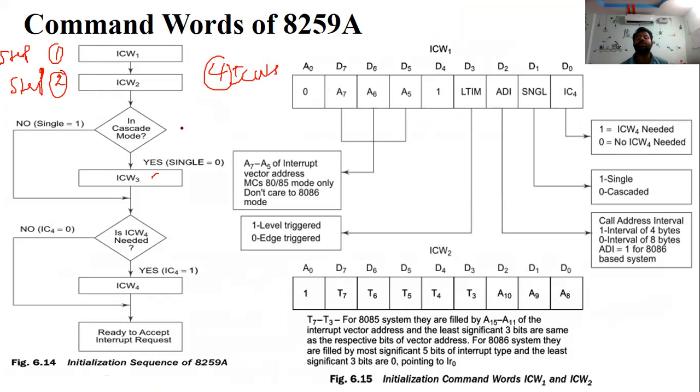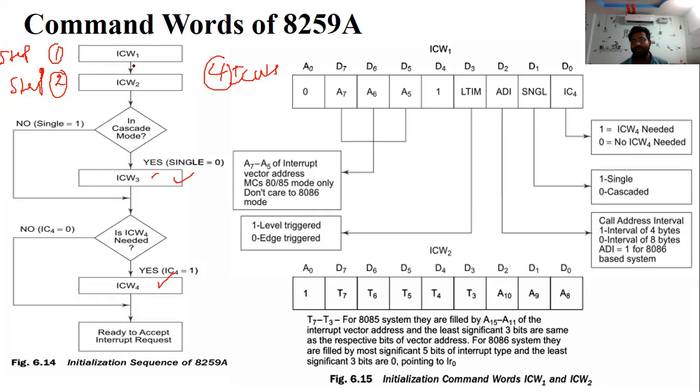Whenever you want cascade mode, you can initialize ICW3. Whenever you want ICW4, only then can you initialize it. Otherwise you can leave that one.